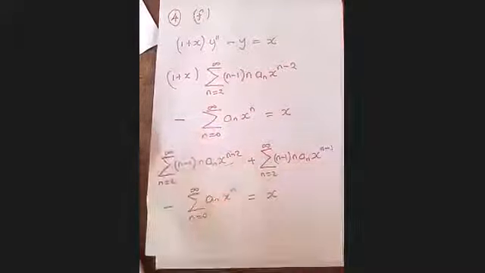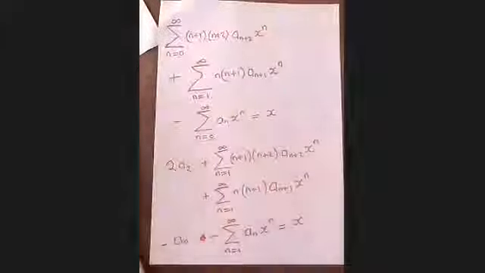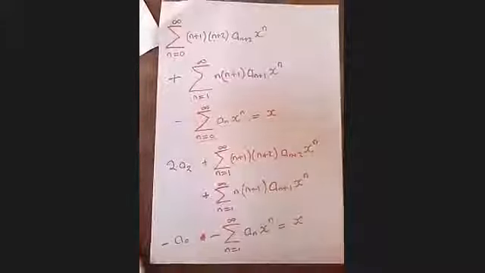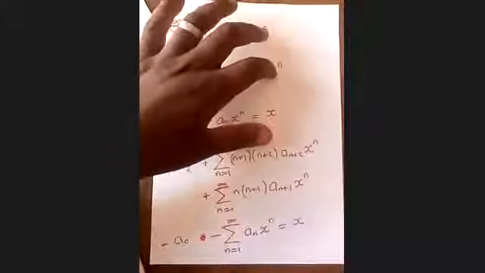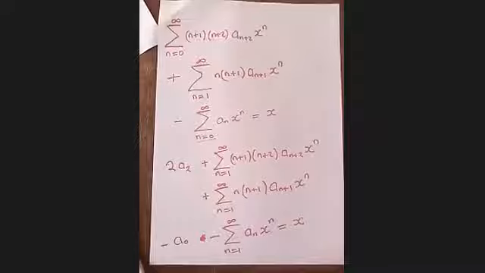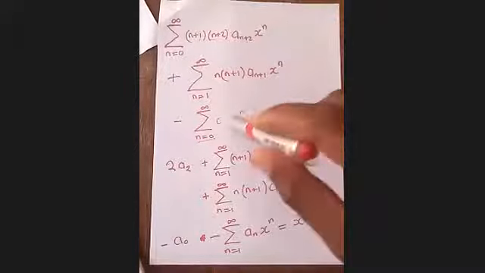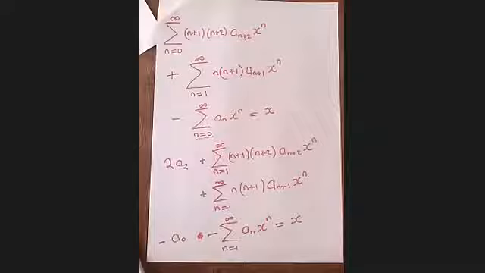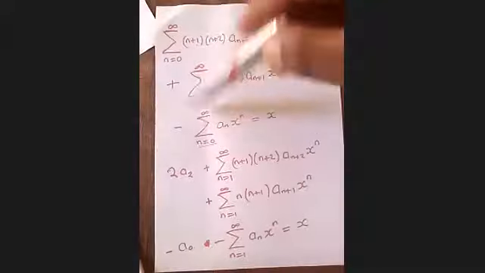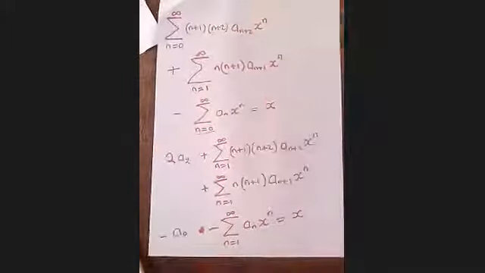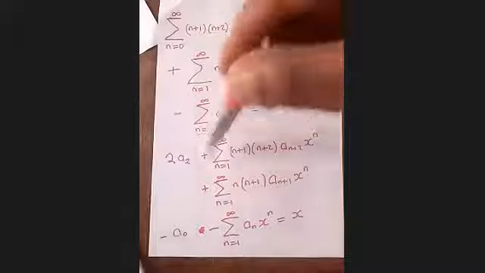So what we do is shift the indexing. When you shift the indexing, we get this. So you have your x to the n. You have achieved what you want. All your series have x to the n. Then you want to achieve uniform indexing. So what we do now is just write out the first terms.